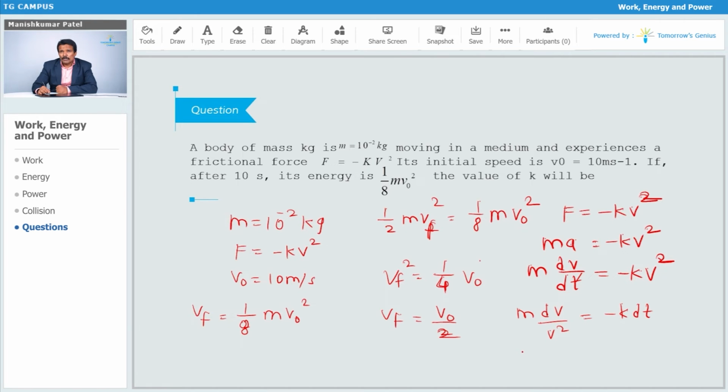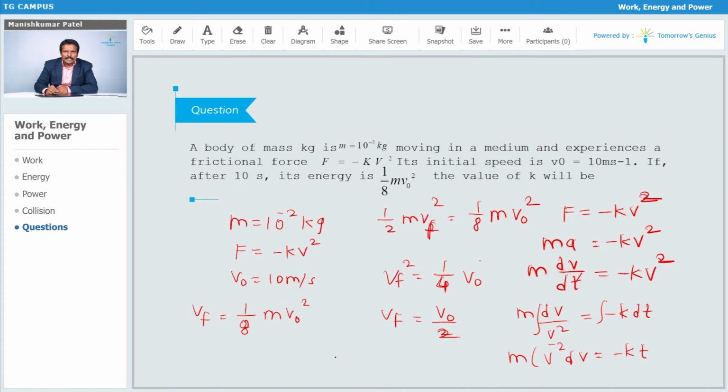So that is v to the power minus 2, and you integrate on both the sides. That is m times the integral of v to the power minus 2 dv equals minus k into t.